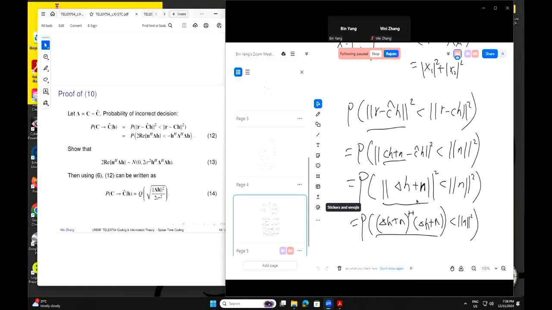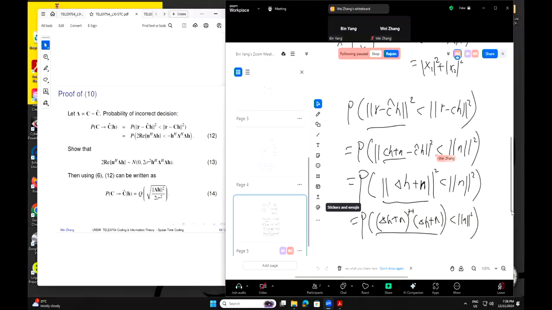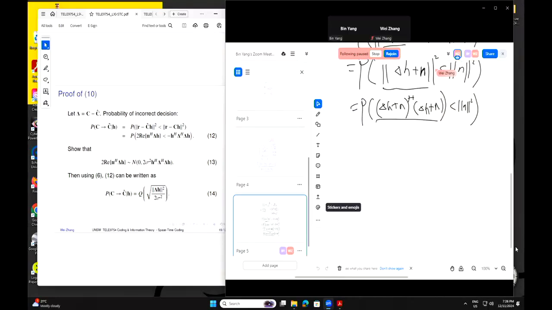Next, I multiply term by term on the left-hand side. Delta H Hermitian times delta H is delta H norm square, like x Hermitian times x is x norm square, as we just mentioned.